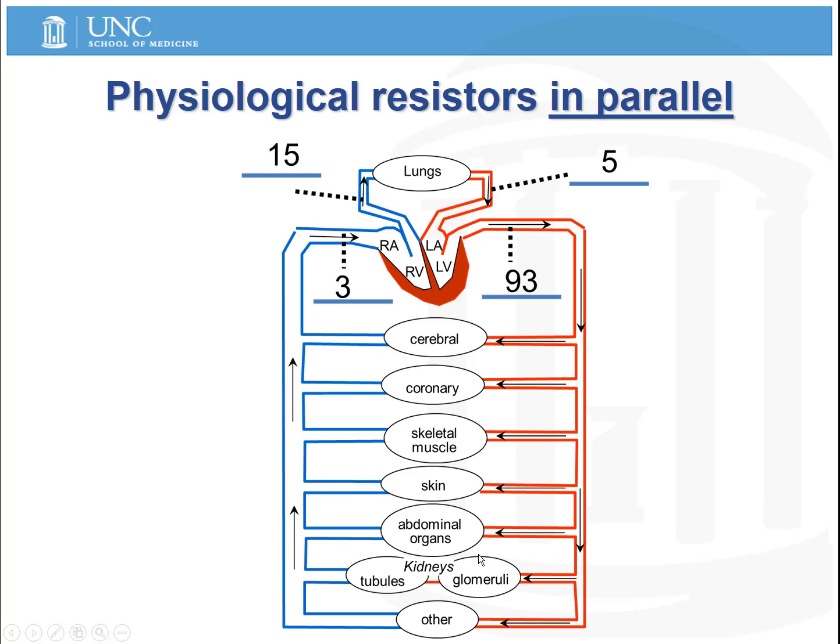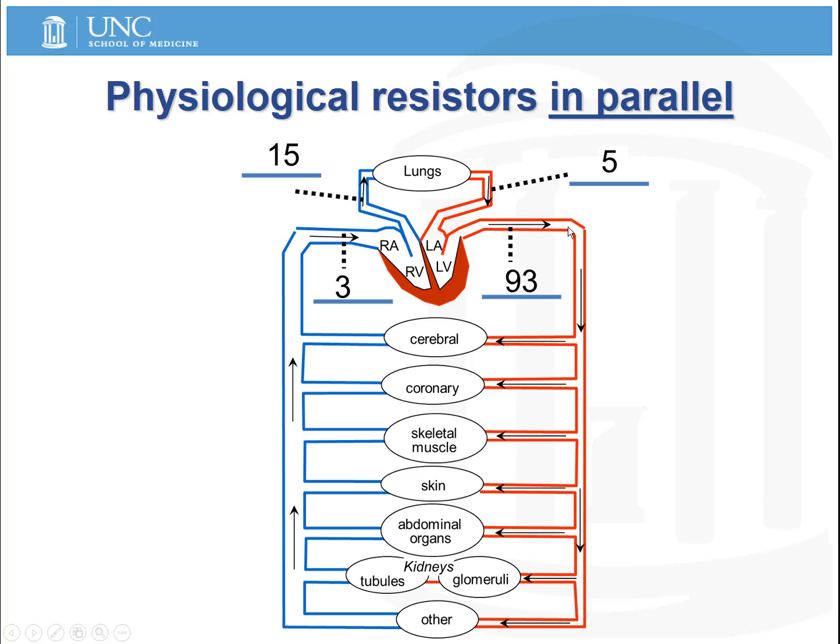And in this parallel arrangement, there's no loss of pressure. So the mean pressure in each of the major arteries to these organs and tissues is approximately the same as this mean pressure in the aorta.